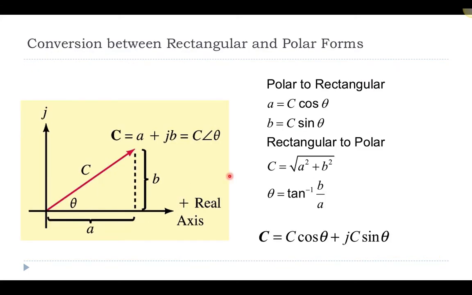So here's my same picture from the previous page, in more general terms. So my complex number has a real part and an imaginary part. So here's my real part A, my imaginary part, the B here.